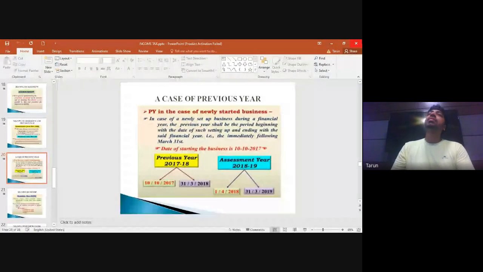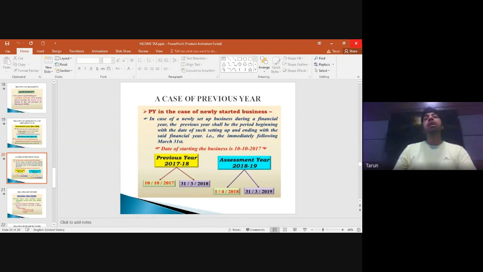That is the basic difference between the two years, previous year and assessment year. These commencing and ending dates of the financial year have been formulated under the Income Tax Act, and you have to follow that. You cannot think that we can consider particular dates and years according to ourselves, not like that, right?